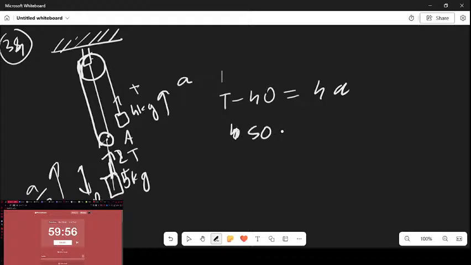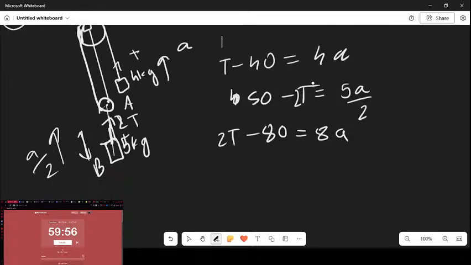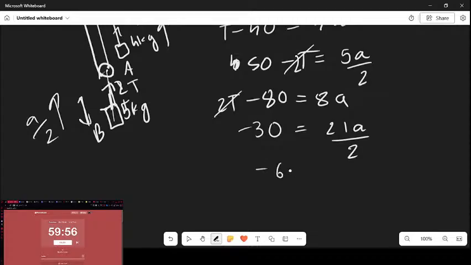Here 50 minus tension is equal to 5a by 2. So 2T minus 80 equals 8a, and minus 50, and adding 16 plus 5, 21a by 2 is negative 30, so a is minus 20 by 7.